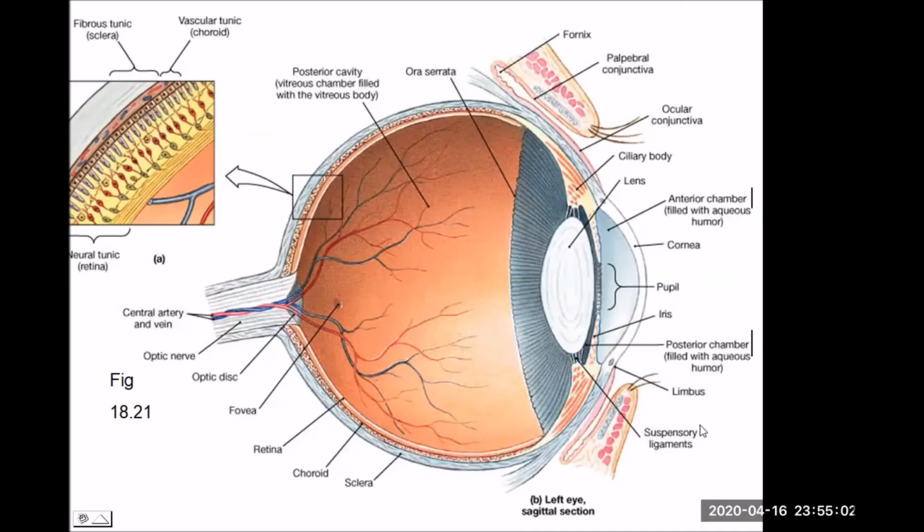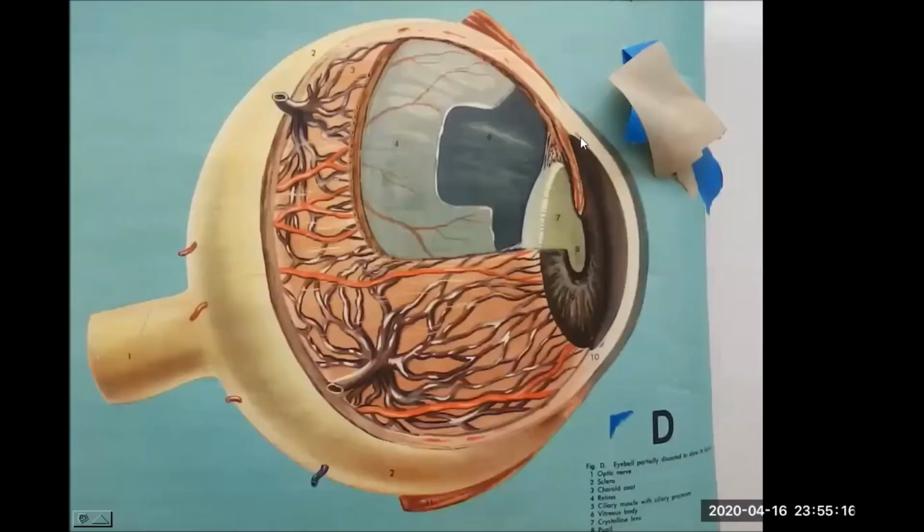So between the ciliary body and the lens, those connecting suspensory ligaments. The little hole that I'm pointing to right here, it's not labeled on the image. That's the term canal of Schlemm. So that small little hole that we see here, just about where the cornea and the sclera meet, is the canal of Schlemm.